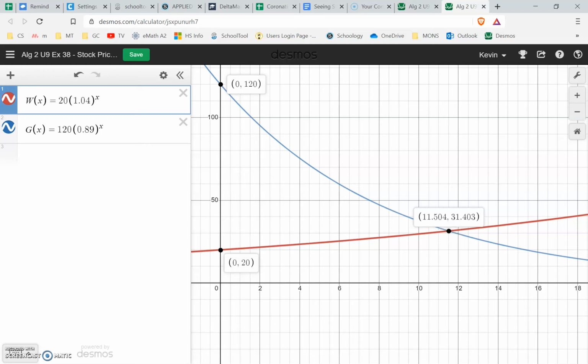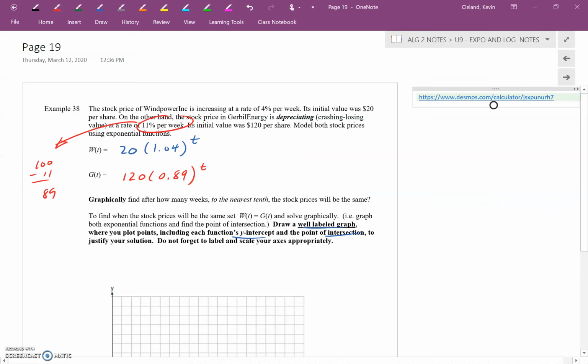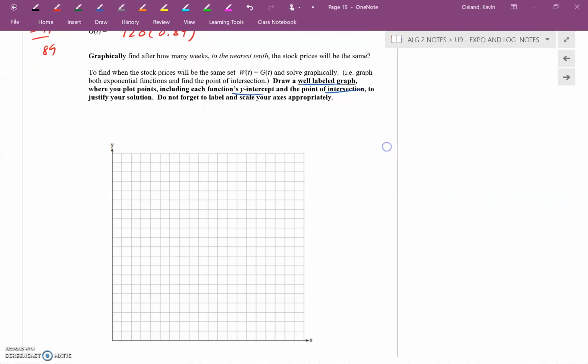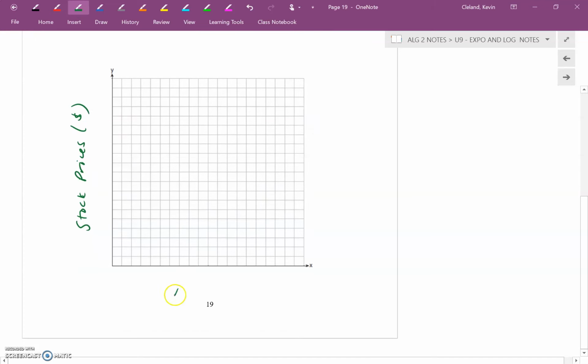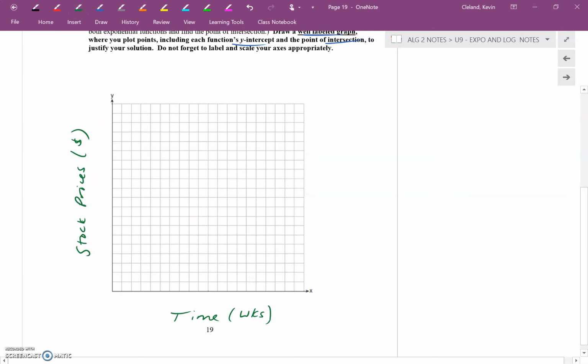So I took that and then transferred it to paper, and I'll do that here now. We're going to put the stock prices on the left, on the y-axis. And you should always put your units in parentheses. We're going to put the time in weeks on the x-axis. And if you ever have trouble coming up with a great title, just say y-axis over x-axis, because essentially we're kind of looking at slope, even though these are curved functions.